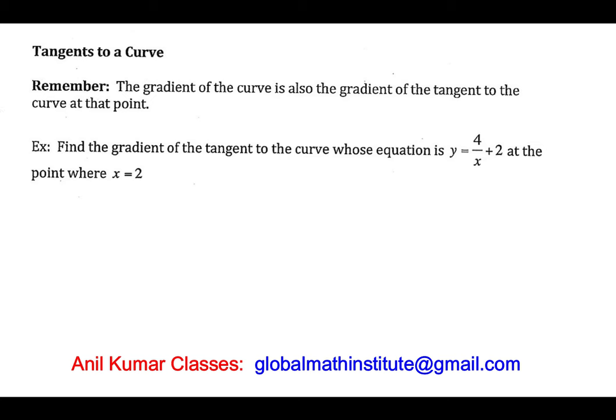Let us rewrite the function here, which is y equals 4 over x plus 2. Now, many of my students like to rewrite this in this form, 4 x to the power of minus 1 plus 2. The reason is they're just learning the power rule, right?